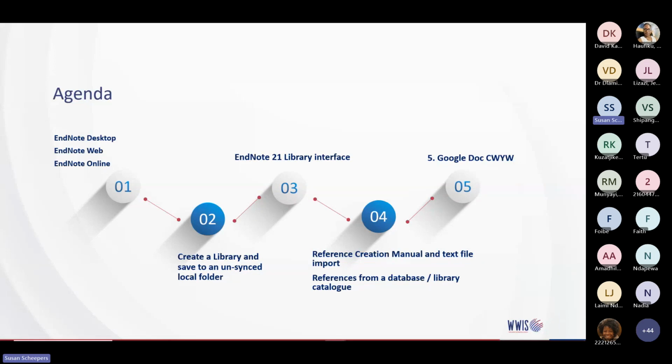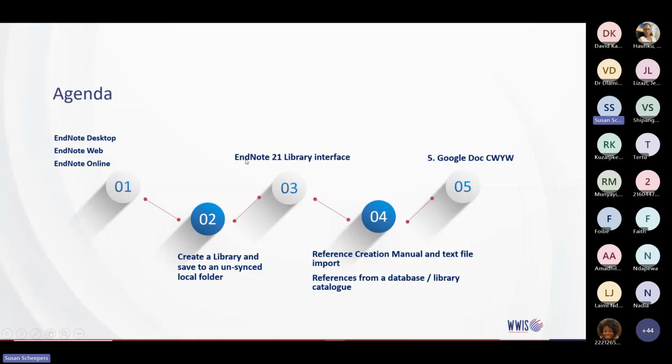Okay, great. So in the meantime, I'm going to introduce to you what EndNote looks like and the features of EndNote, and I trust that soon you will be able to download EndNote and start using it. I'm also going to show you how to create a library and save to an unsynced local folder.